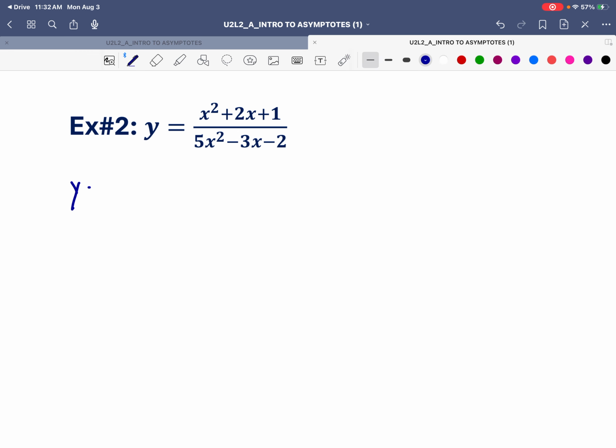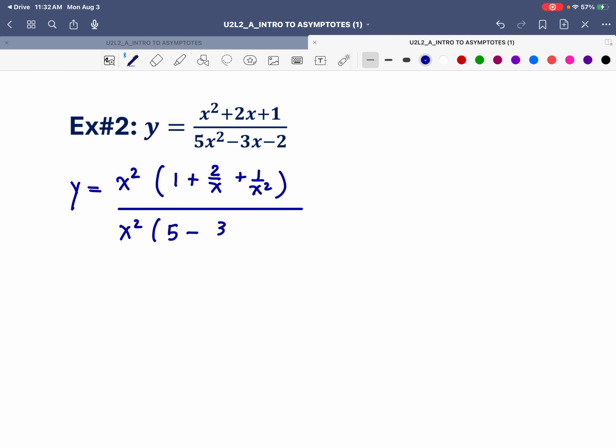So this would be y equals x squared times 1 plus, again in the same way, 2x divided by x squared will be 2 over x. And then 1 divided by x squared is going to be 1 over x squared. And down here we have x squared again, and then 5 minus 3 over x minus 2 over x squared.